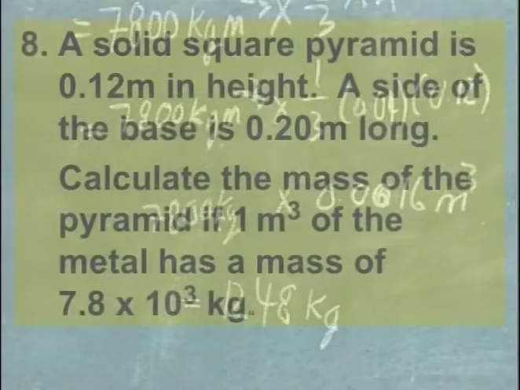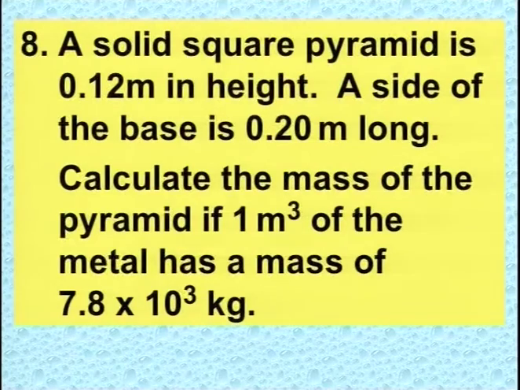The question reads, a solid square pyramid is 0.112 centimeters in height. A side of the base is 0.20 meters long. Calculate the mass of the pyramid if 1 meter cube of the metal has a mass of 1.8 times 10 to the power of 3 kilograms.